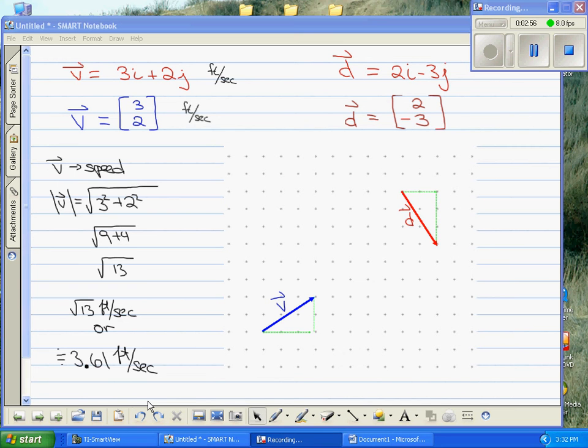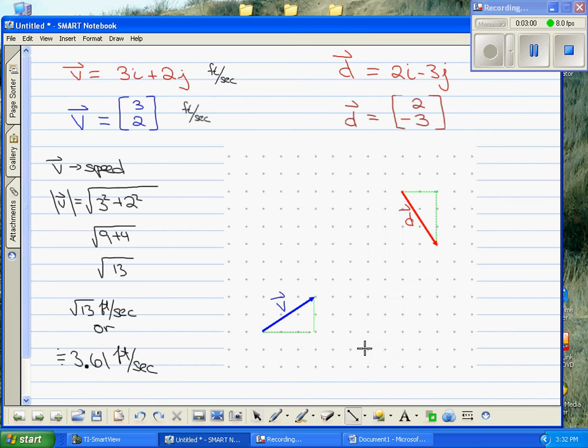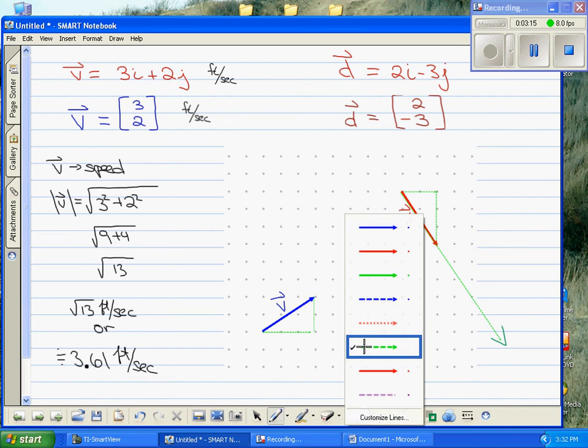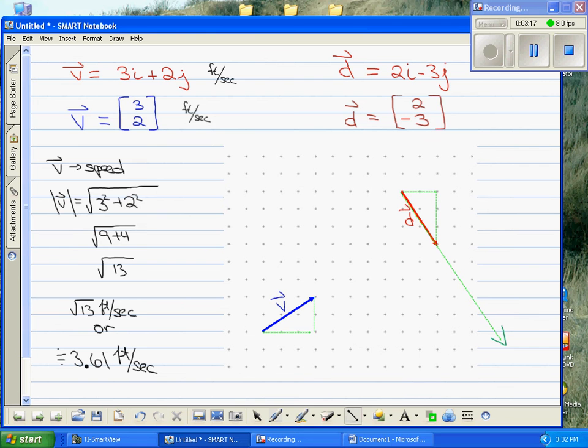So to recap all of this, vector d lets me know I am traveling somewhere in this direction. There is no other information given except that I am going in this direction. Whereas with vector v, I am going in this direction right here, but I am also traveling at a certain speed, 3.61 feet per second.